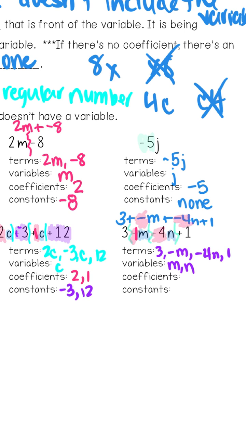Remember, that was that negative coefficient right there. So my coefficients are actually -1 and -4. And then my constants are 3 and 1. You see them right there? Those are just the regular old numbers.